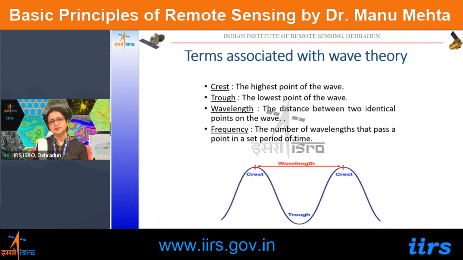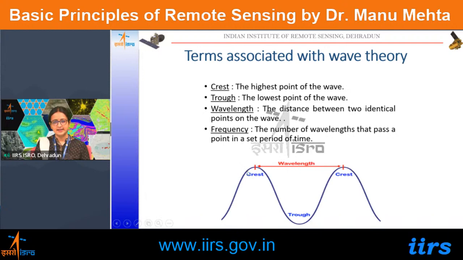Now there are some terms which will come up very frequently in the course ahead, so I'll briefly touch upon them. Suppose I have drawn this kind of wave, showing only one of the fields. It can be either the electric field or the magnetic field, but you have to interpret it in the manner that the other field is perpendicular to it and is not shown right now.